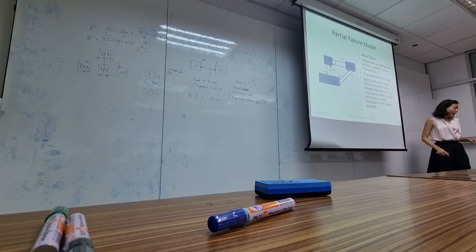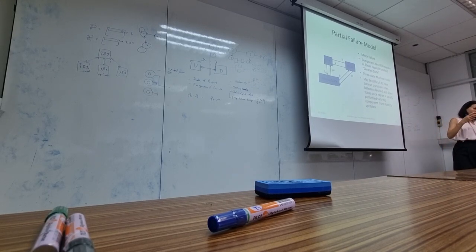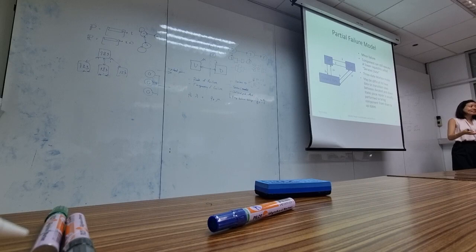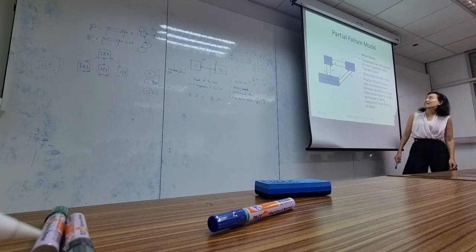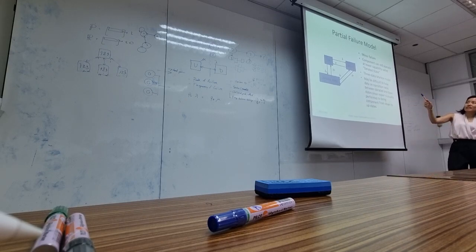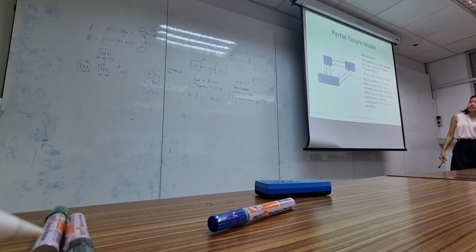This one also applies to, for example, a generator. A generator might also have some problem too. So it will have this kind of a derated state that it can still operate. It doesn't fail yet, but it operates at a lower capacity. And that lower capacity, we call it the derated state. Okay, so this is a 3-state model.